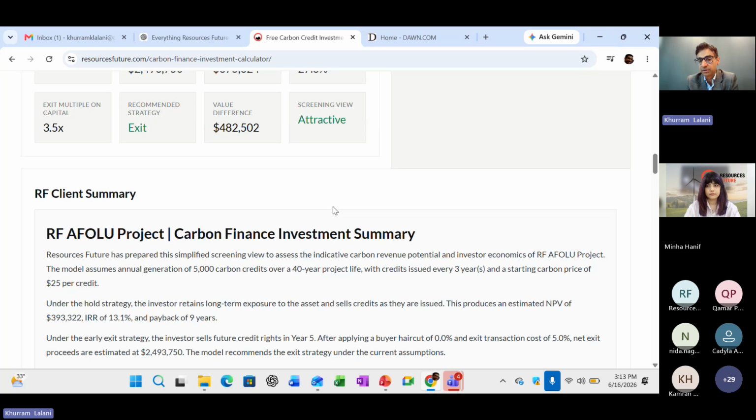Just one caution before I hand it back to Minha is that this does not replace full feasibility. So I think it's very important. The next stage is that once you have done your calculation, if you want to proceed, you would want to calculate your carbon credits in an actual manner. So this is where we help clients and we do detailed ER calculations, and those calculations are very, very important.